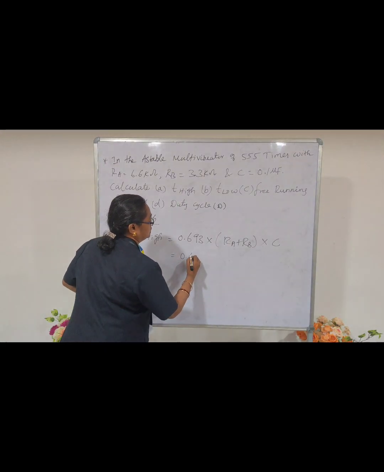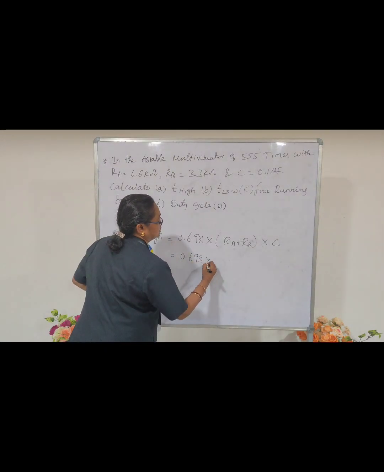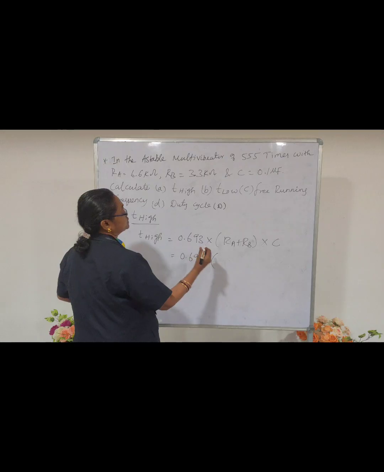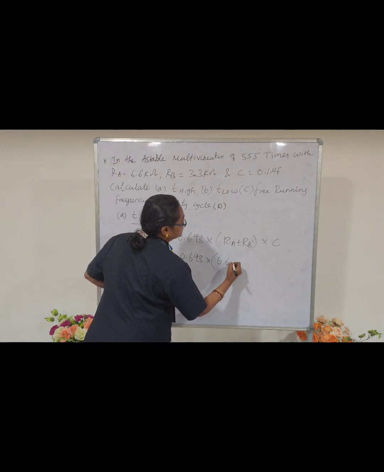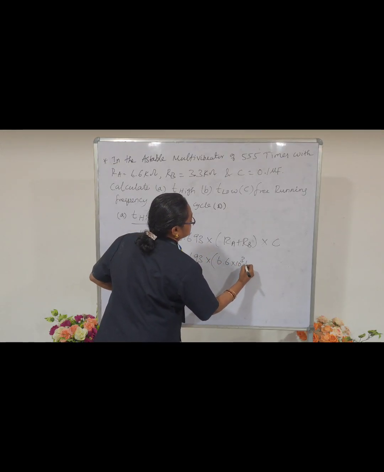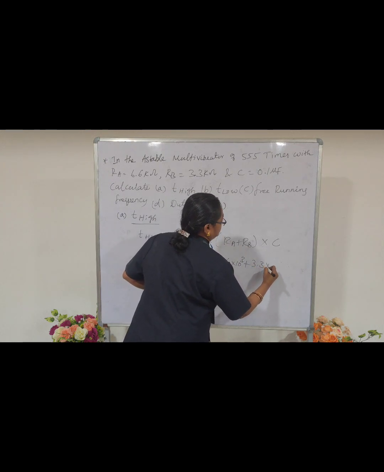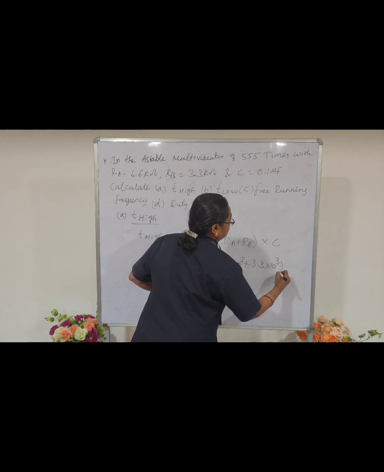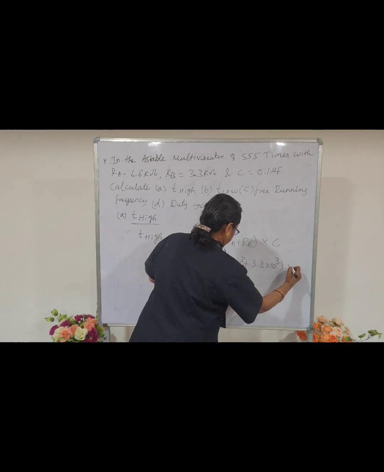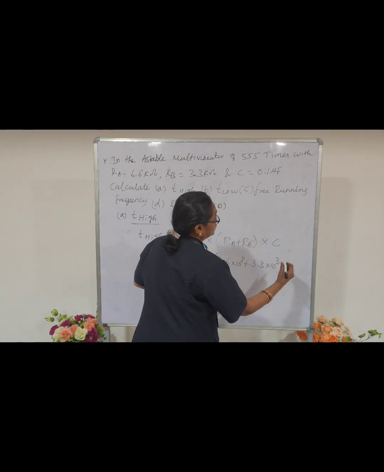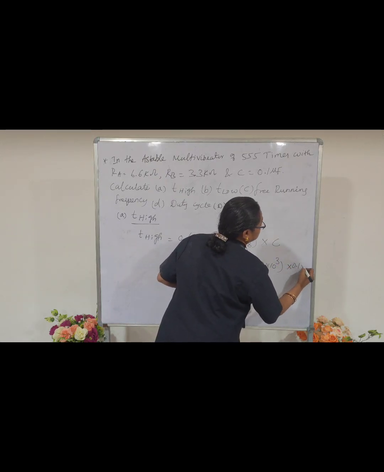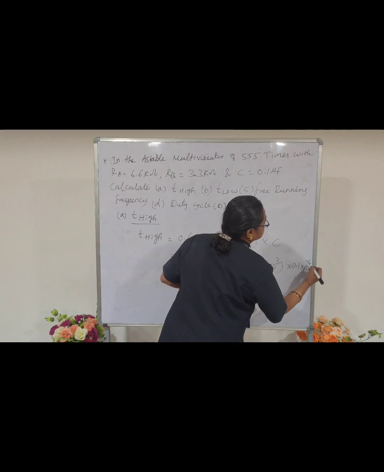So RA value is 6.6 kilo ohm into 10 power 3 plus RB value is 3.3 kilo ohm into 0.1 microfarad. 0.1 into 10 power, micro means minus 6.